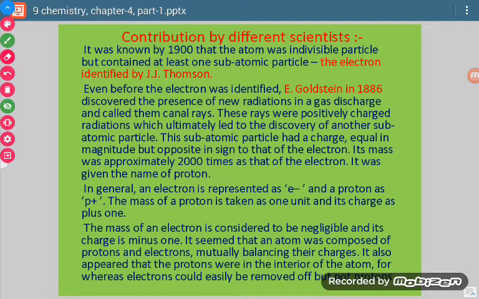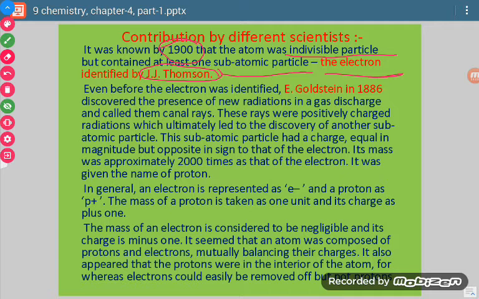Okay, now let us discuss the brief history, how scientists came to know about the different subatomic particles present in the atom. Okay, so near about 1900, it was known to us that the atom is divisible, and that at least there is one subatomic particle. That subatomic particle was named electron, and it was given by J.J. Thomson.